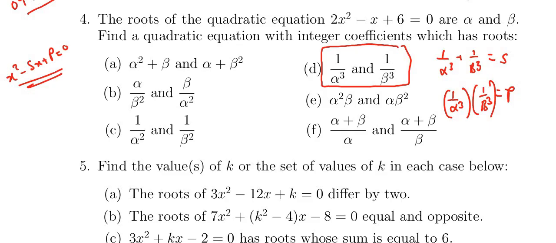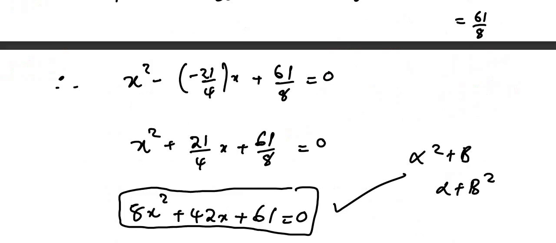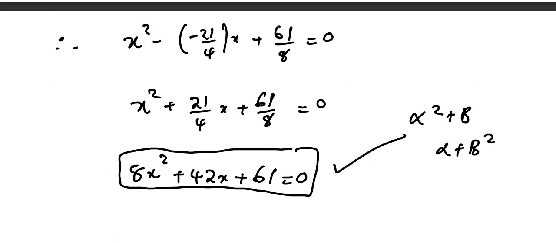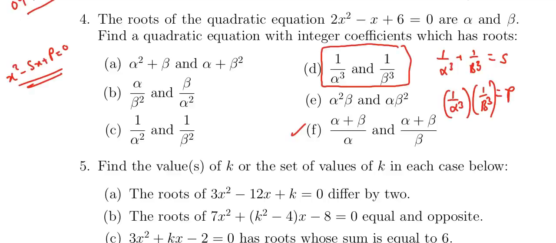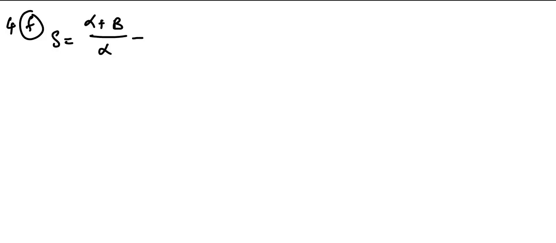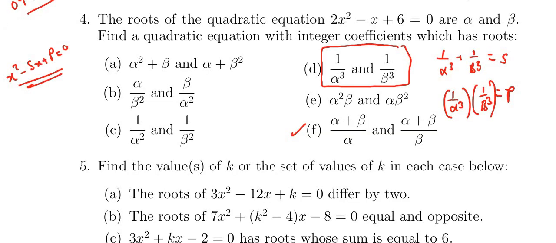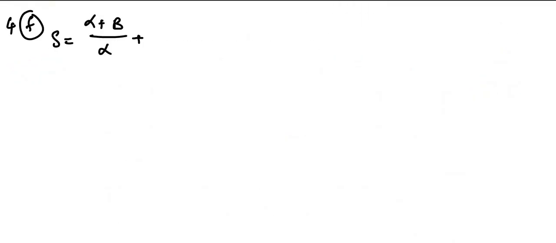So I'll do the last one, the one that looks a bit interesting. This is your number 4f. So we're trying to get the sum: alpha plus beta over alpha, and plus alpha plus beta over beta.